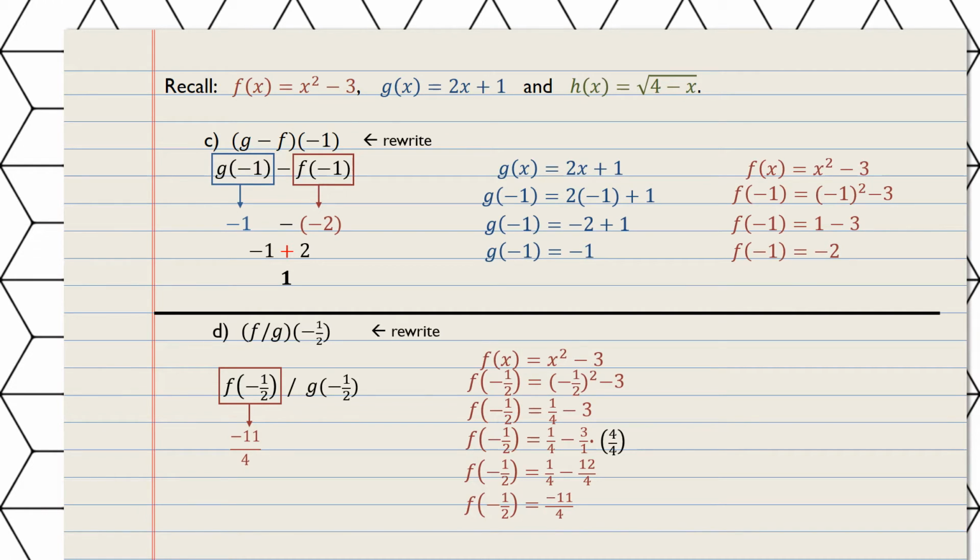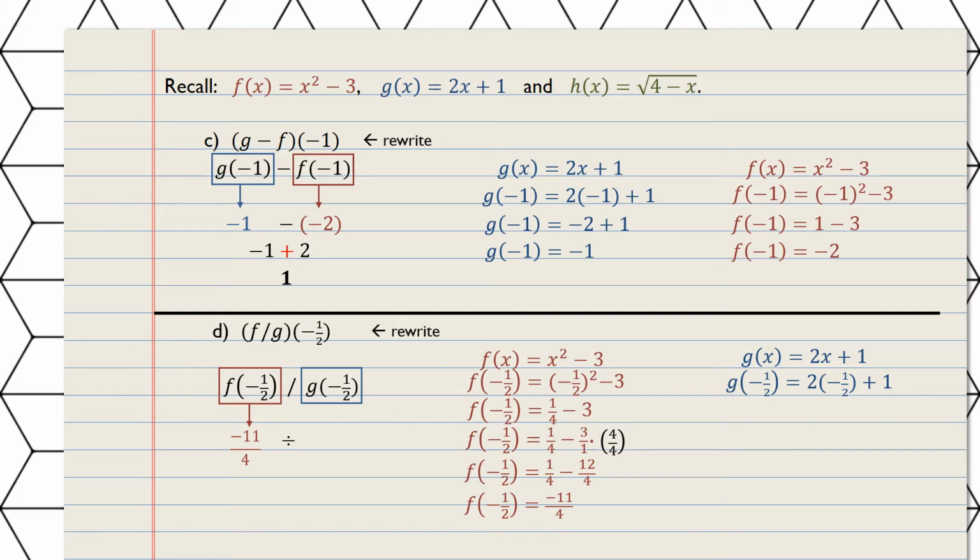Now the operation between the two functions is division. You may choose to use the slash or another division symbol. Now we look at the second function, which is the g function, which is 2x plus 1. Now every time you see x, you plug in a negative 1/2.